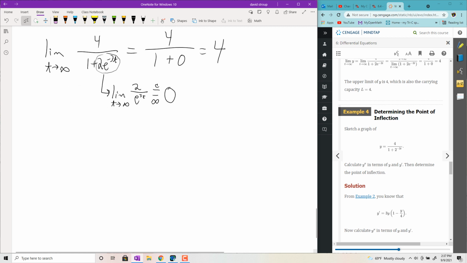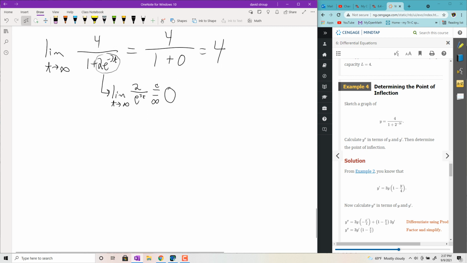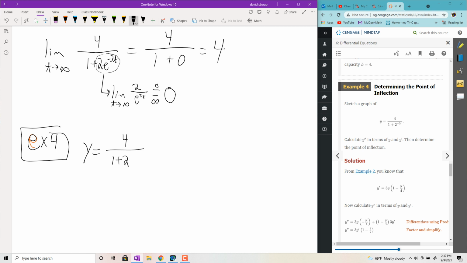Yeah. So anyways, determining that inflection point, that's what they're doing in example 4 here. Let's take a look-see. So we have y equals 4 all over 1 plus 2e to the negative 3t. Okay, so L in this case is equal to 4, K is equal to 3.